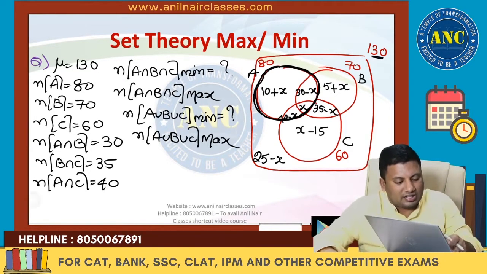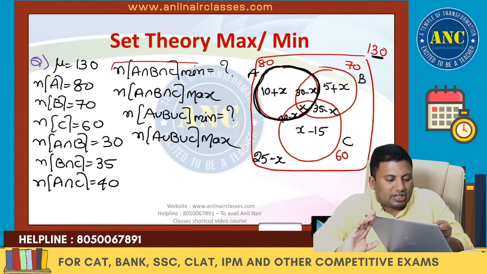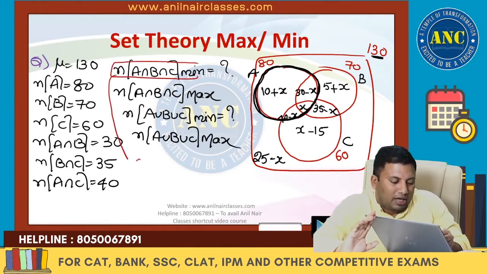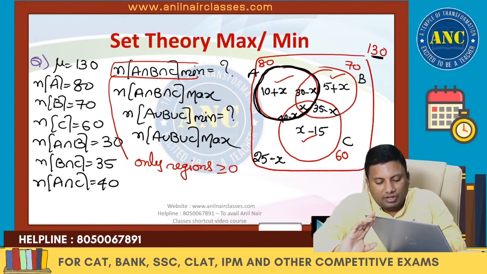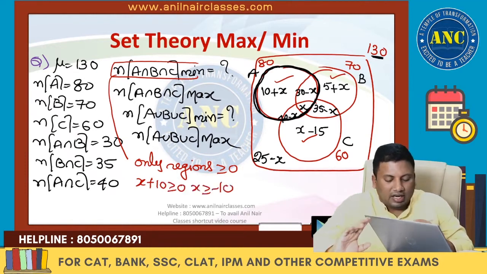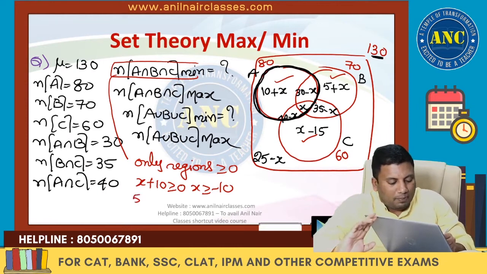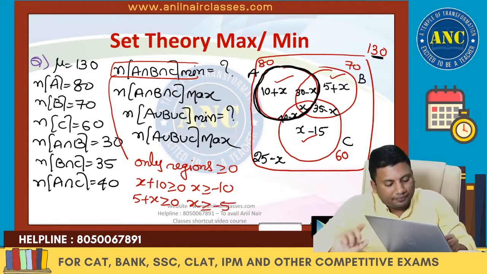25 minus x. Now we will do intersection. A intersection B intersection C minimum. It is nothing but only regions should be greater than or equivalent to 0. Only regions are these 3 regions. X plus 10 greater than or equivalent to 0, so X is greater than or equivalent to minus 10. 5 plus x greater than or equivalent to 0, X is greater than or equivalent to minus 5.